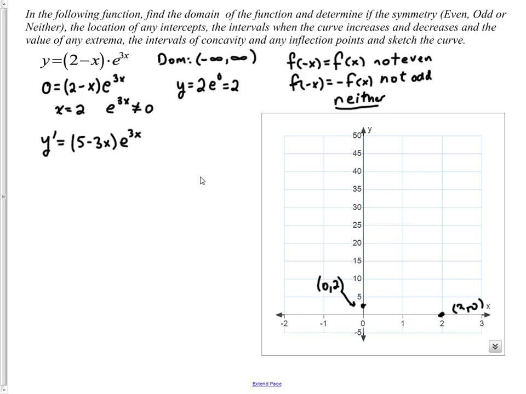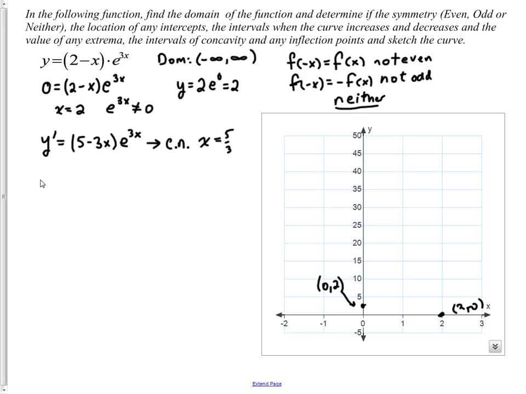Okay, if you found that y prime was equal to (5 minus 3x) times e to the 3x, congratulations, you did that correctly. We want to first of all find any critical numbers on this function's derivative, and we will find that our first and actually only critical number as far as the first derivative is concerned is at x equals 5/3.